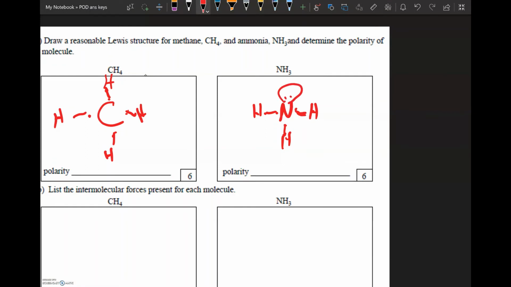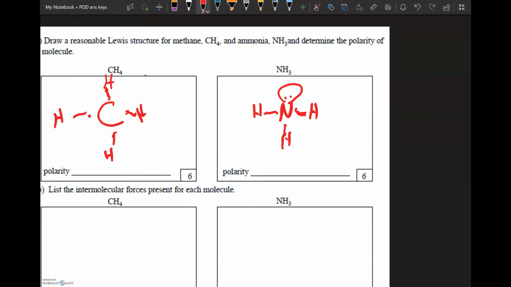Now, polarity is just dealing with asymmetrical versus symmetrical. Symmetrical meaning that it is consistent the whole way around. Asymmetry just means that there's something different that causes a difference, and that's really where your polar compounds and molecules come from, those asymmetric features that show up.